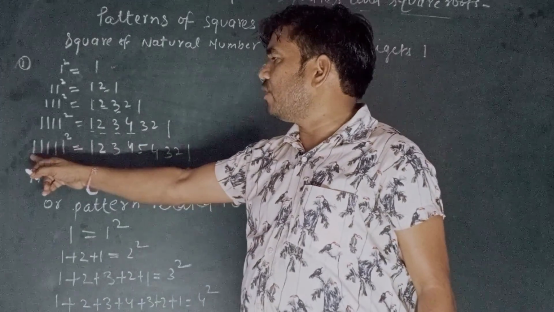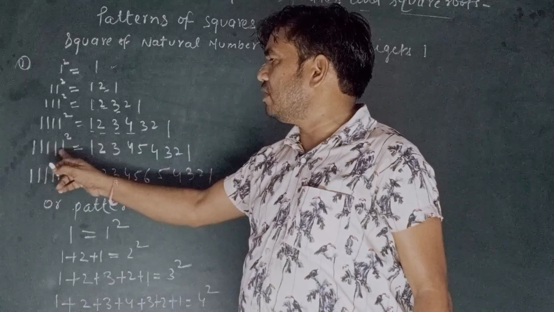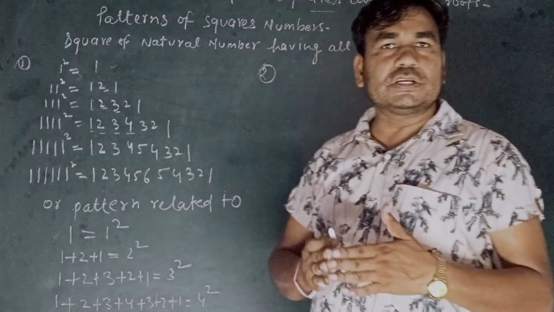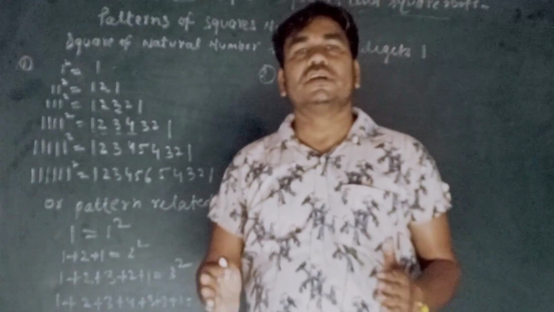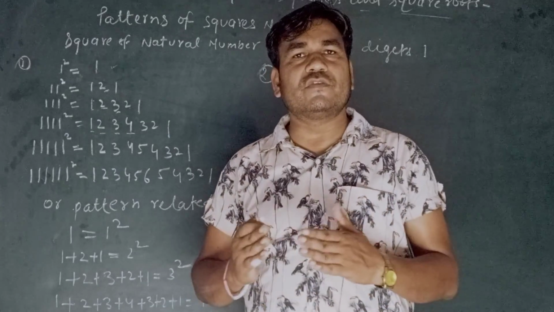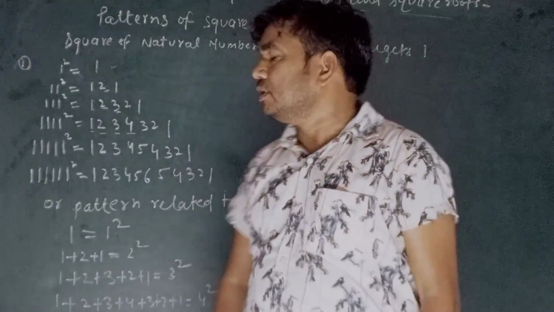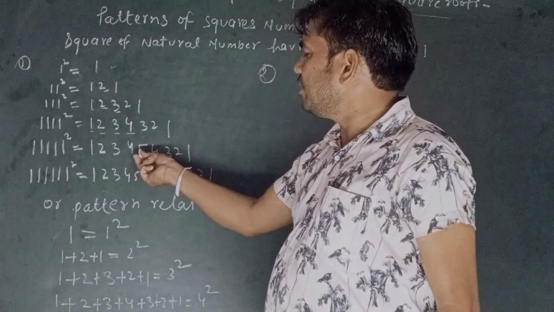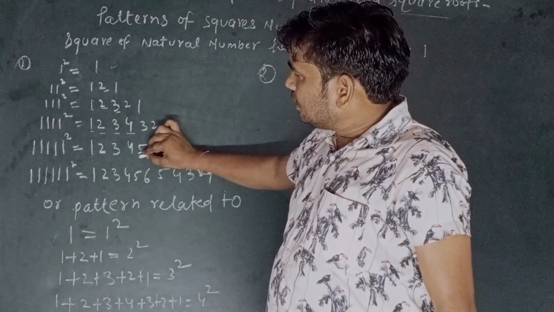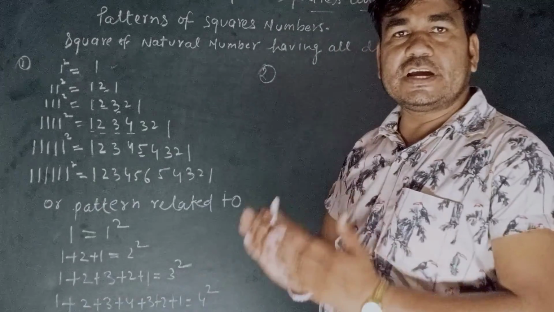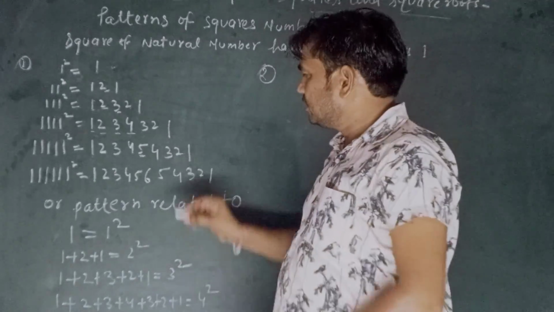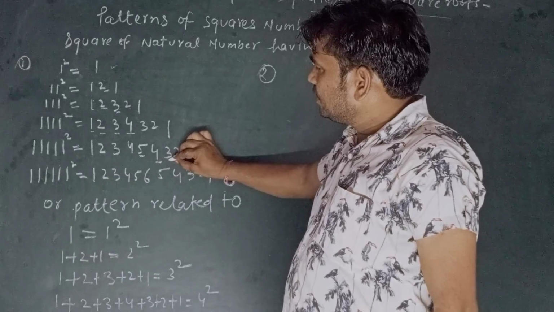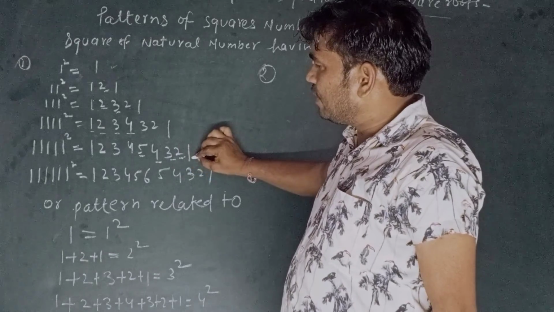And for 11111 square, the number of digits is 5, so you put 1 2 3 4 5, and after that reverse the digits, that is 4 3 2 and 1.